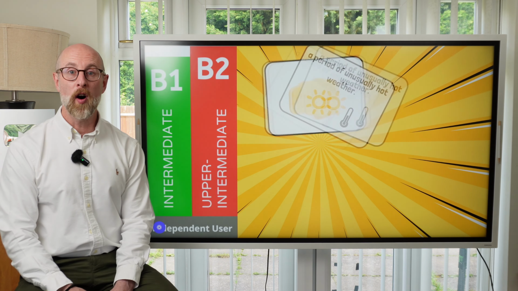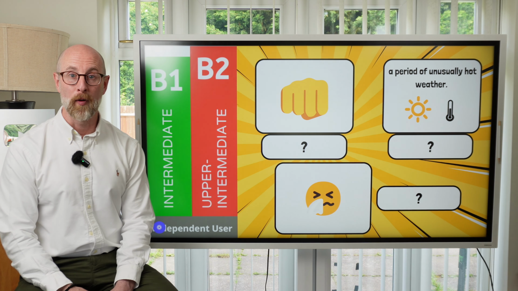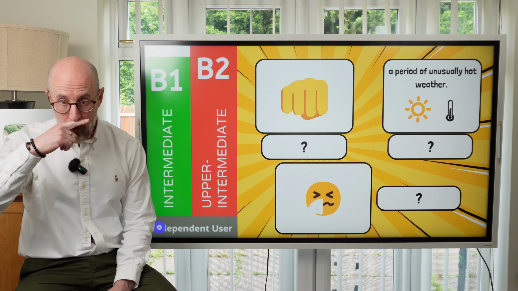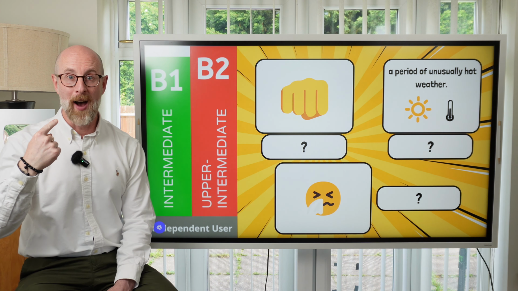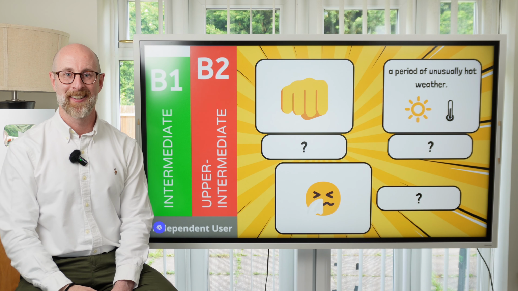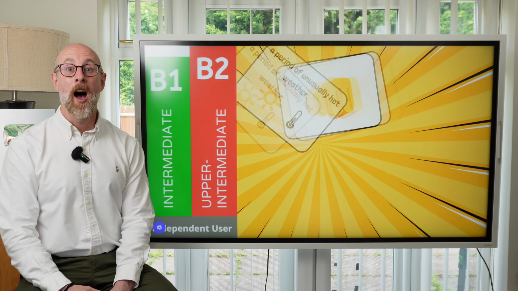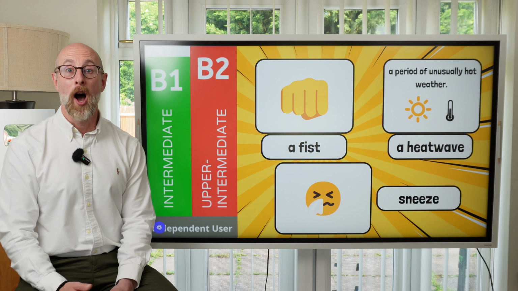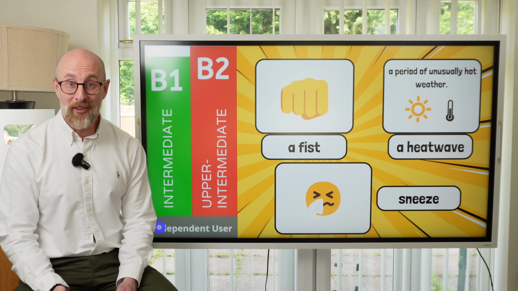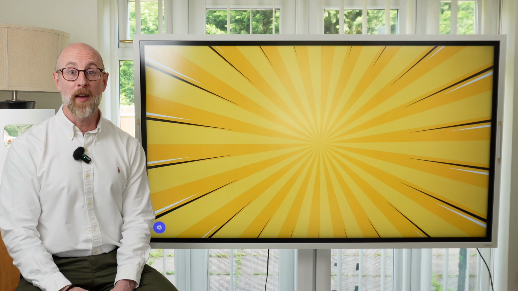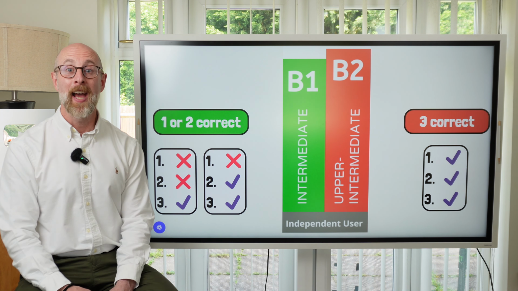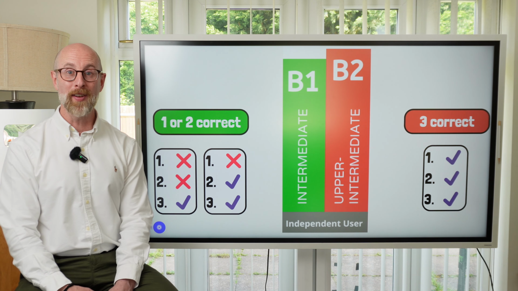Let's move on. B1 and B2 level. What can you see? The picture at the bottom is a verb or a noun. Okay, let's check. A fist, a heat wave, a sneeze or sneeze. Again, if you got one or two words correct, your range of vocabulary is likely to be at B1 level.